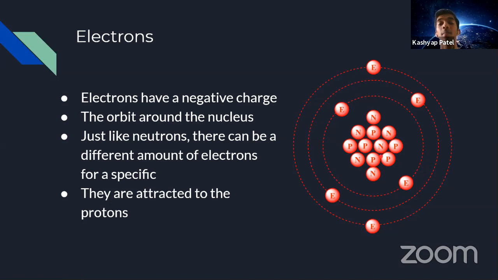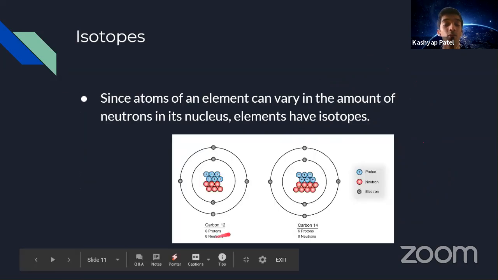And since electrons barely have any mass, they're basically discounted, so this carbon atom weighs 12 atomic mass units. That atom would be carbon 12 because it has 6 protons, 6 neutrons, 12 atomic mass units. But if we add 2 more neutrons, it would make carbon 14. So carbon 14 weighs 14 atomic mass units.